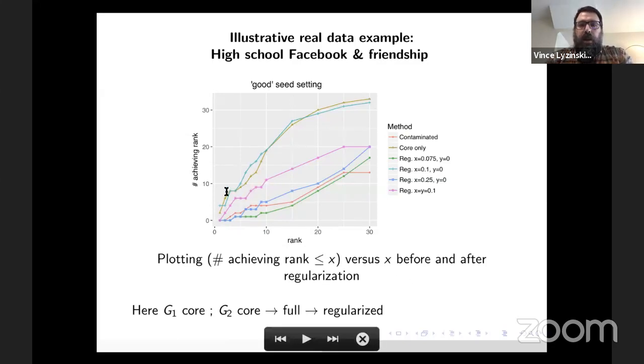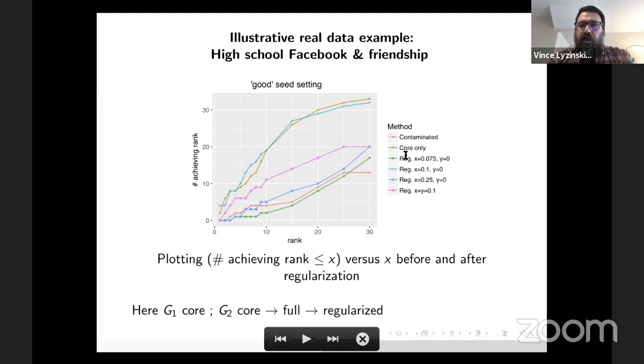So here, it's an information retrieval metric, so we can use some notion of precision at K as our scoring metric. Considering each of the 82 vertices as the vertex of interest, the one we're looking for in the second network, we can ask how many of those have their corresponding correct vertex of interest in the second network ranked less than or equal to X, and we can view that as a function of X here.